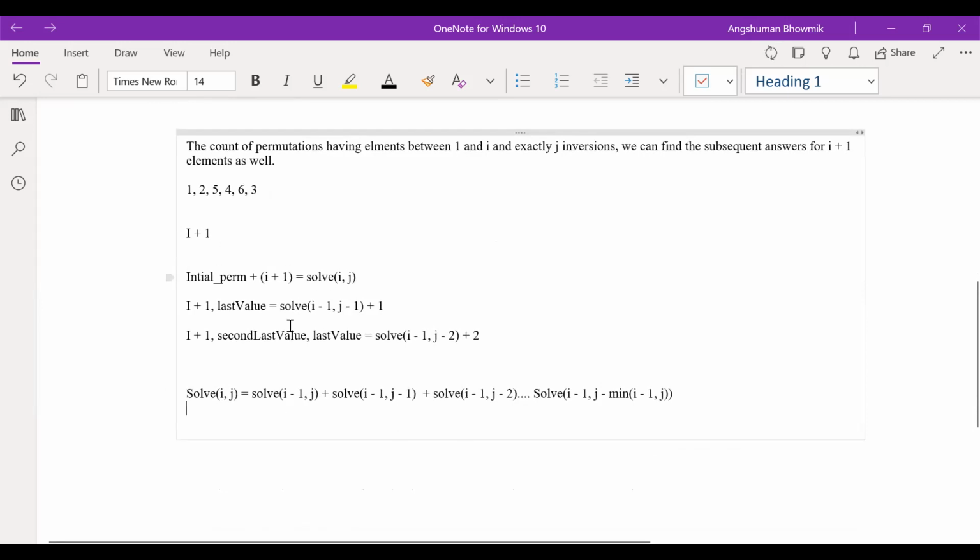So if we try to write this using memoization, then it's a simple DP. What could be the states?